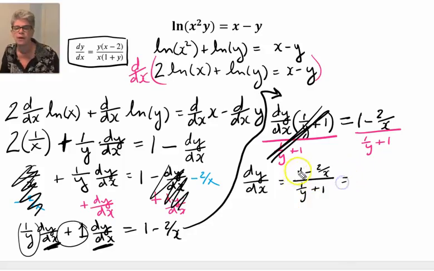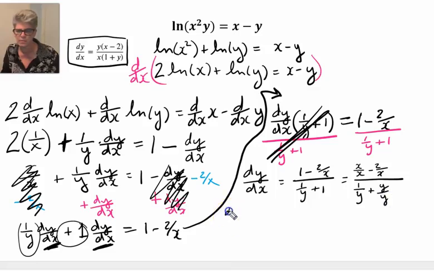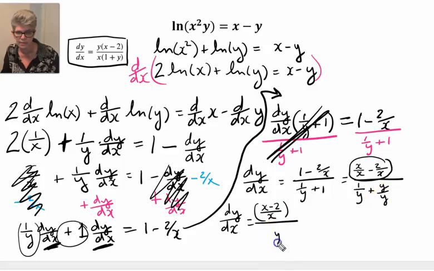So I'm going to rewrite 1 here in the numerator as x over x. And I'm going to rewrite 1 in the denominator as y over y. So in the numerator, now that those have the same denominator, I can put them into one fraction. That's my numerator. And then my denominator, since those have the same denominator, I can put them into one fraction.